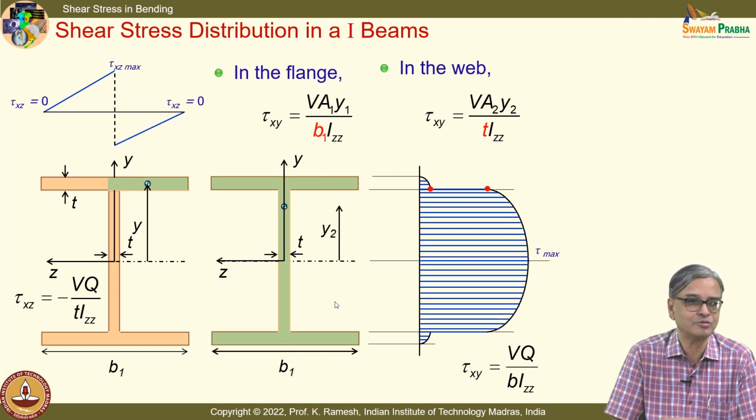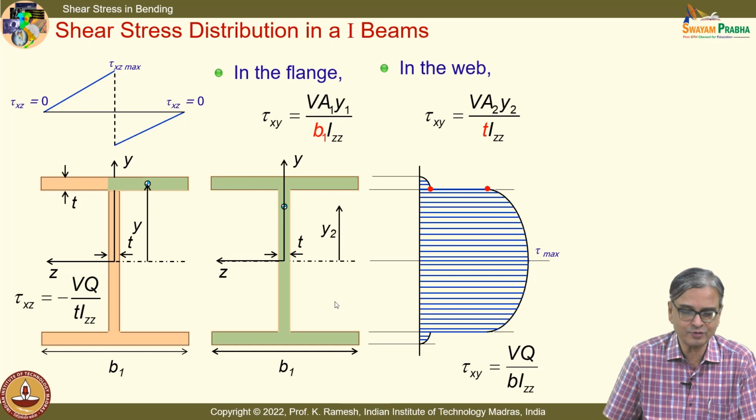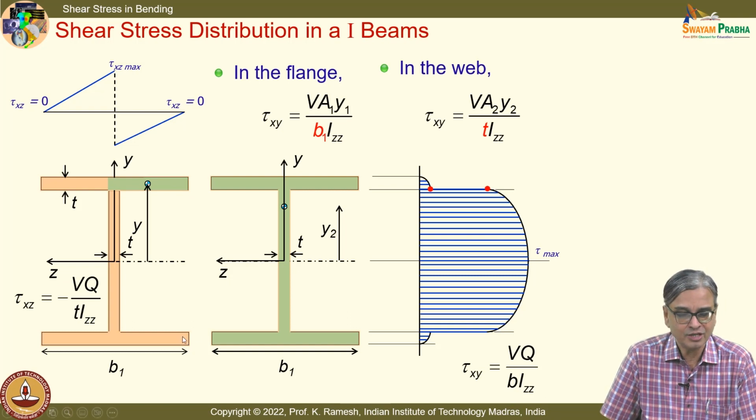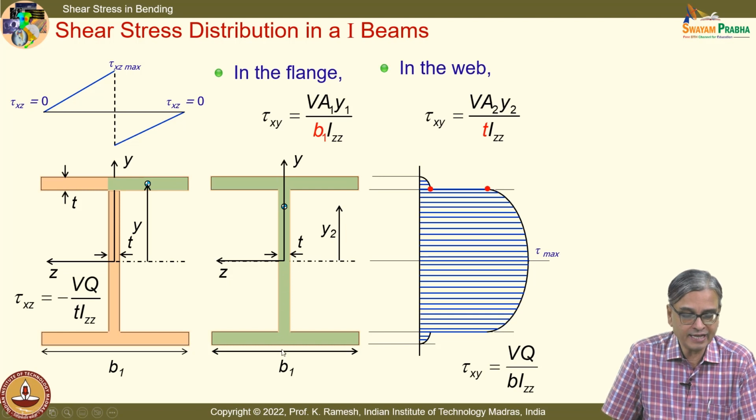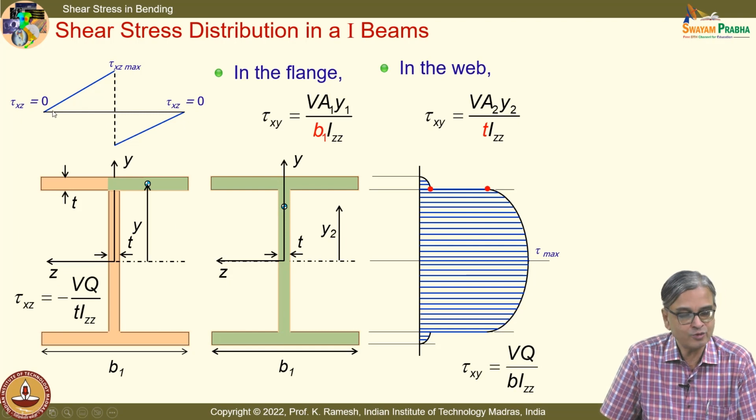You do not have to go to a computer to plot the graph, you can get that schematically. So what you find is, in the plane like this, when you are looking at tau xy, it varies parabolically like this, and you have this varying linearly on the flange. I have also shown it in various different ways to drive home the point.